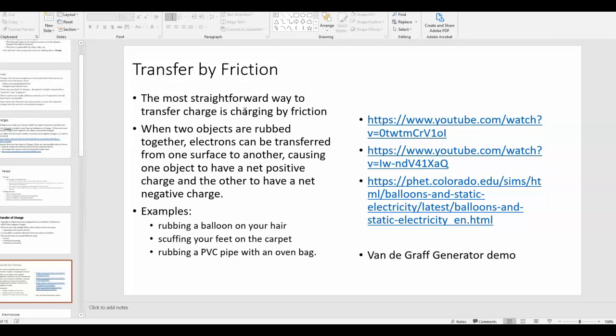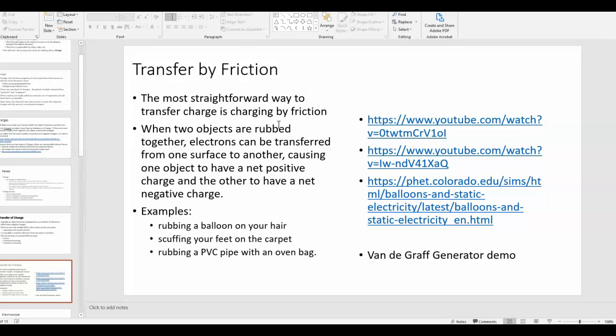That basically involves a transfer of charge by friction, because when you pull the sweater up over your head, the inside of the sweater rubs against your hair, and so some of the electrons go from your hair to the sweater. Okay, what happens then is your hair is all positively charged, and so all the positive charge on your hair repels, and so your hair becomes frizzy because it's trying to push apart, and it can really mess up your hair if you're not careful taking off the sweater.